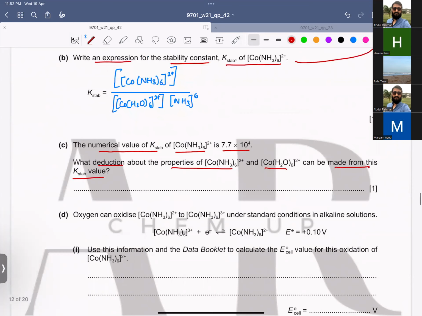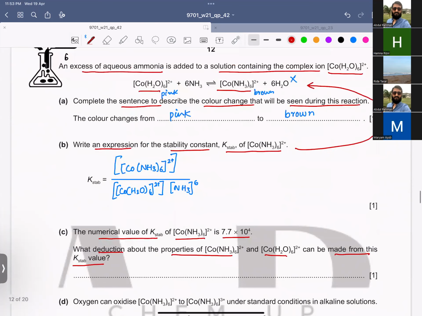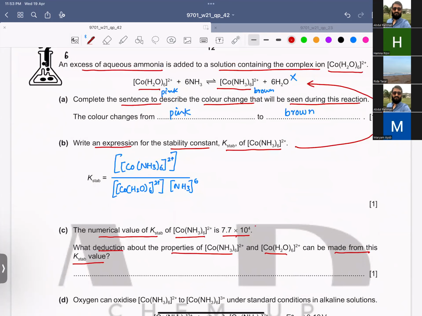So if this value is this much, it means that in this reaction mixture, the concentration of this complex would be higher and the concentration of this complex lower. Is this understandable?